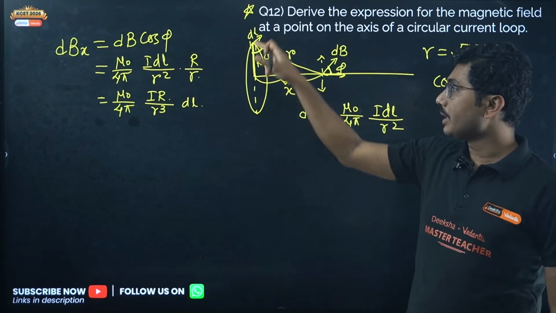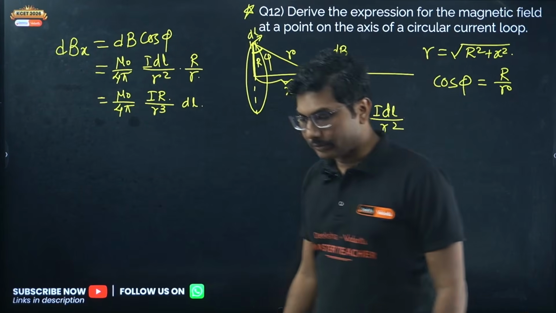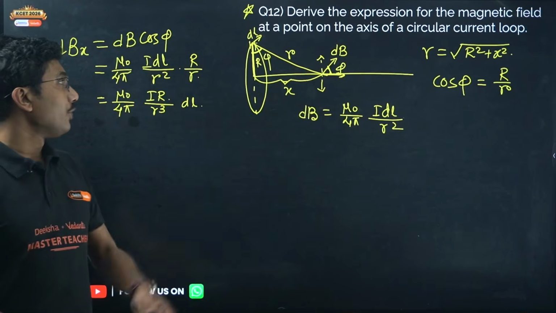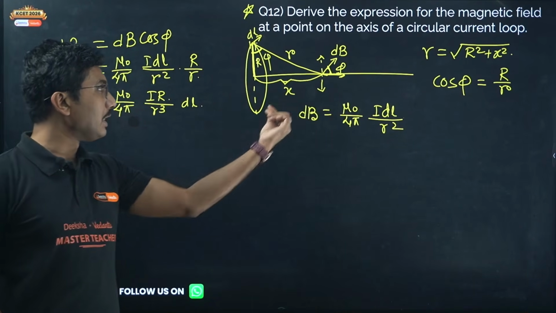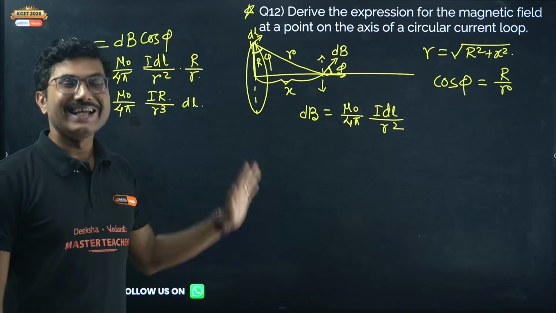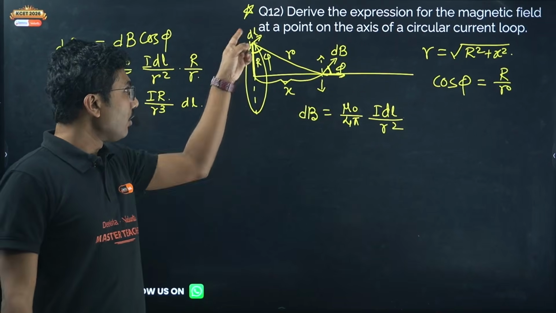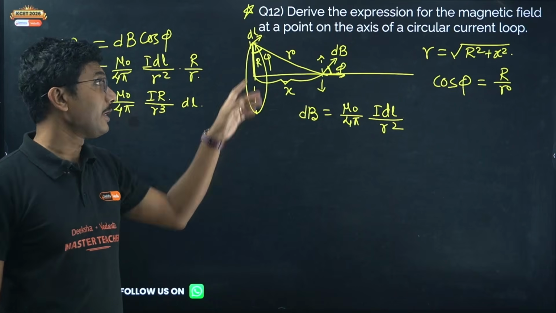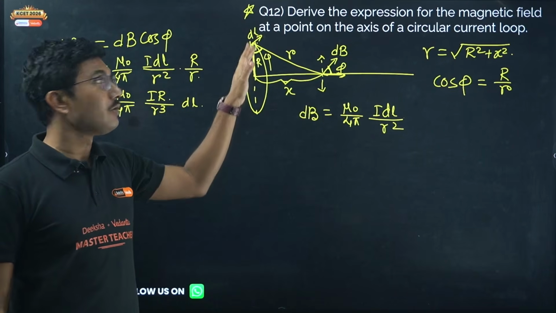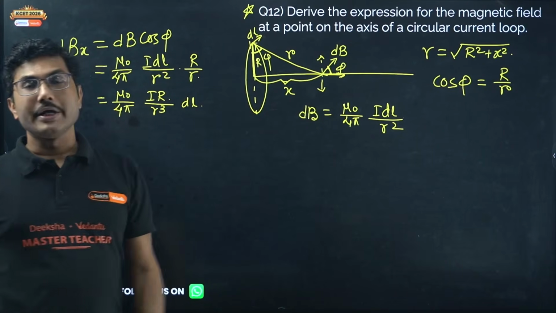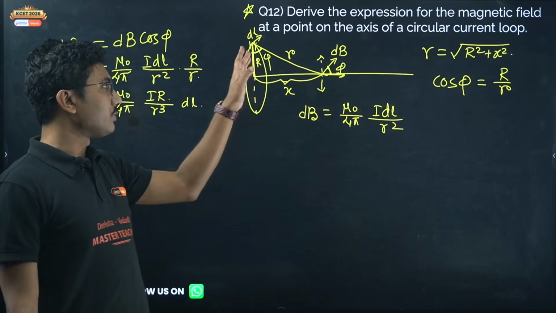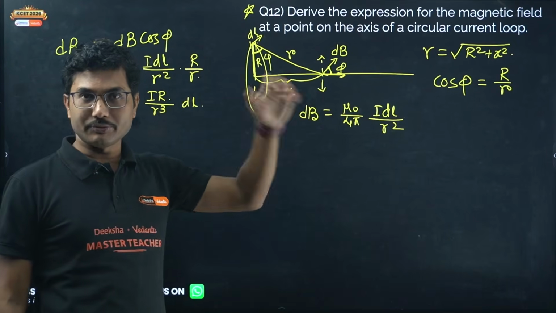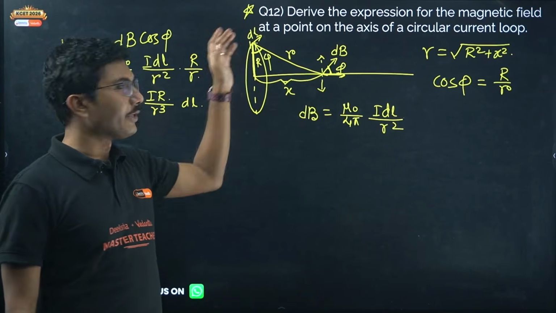We have to calculate the entire circle. So to calculate the entire circle, obviously we have to take all such possible dl and add them. That is integration. That's why we consider the diametrically opposite point, because we know that ultimately we have to consider the element on the opposite side as well. That's why the y components we have successfully cancelled. Only the x component is there.